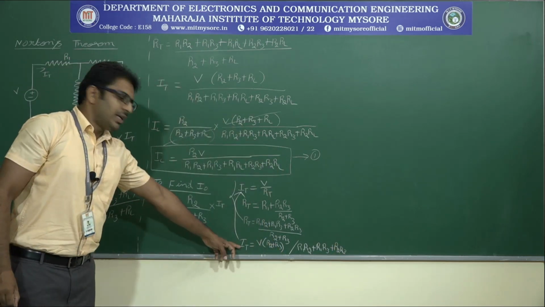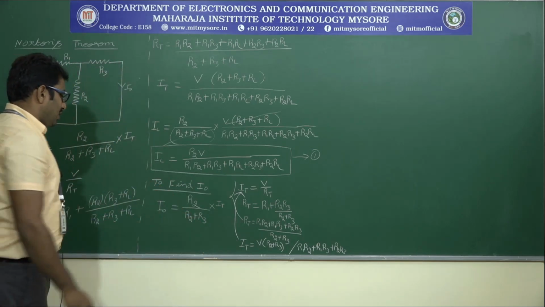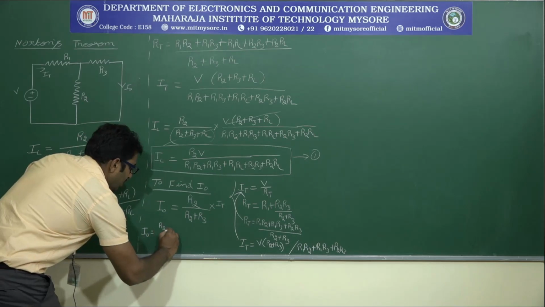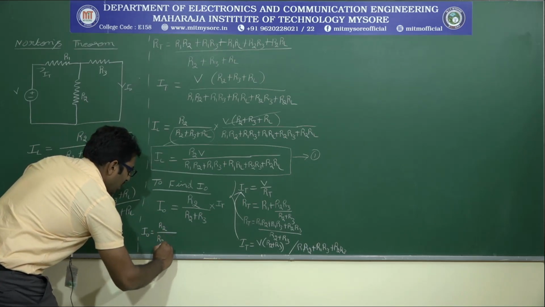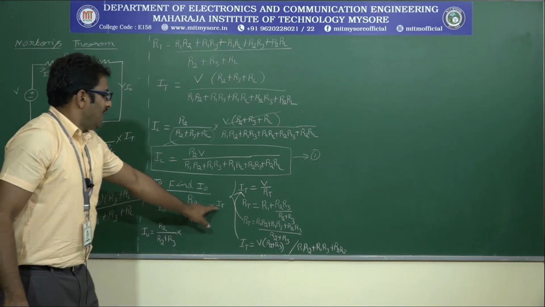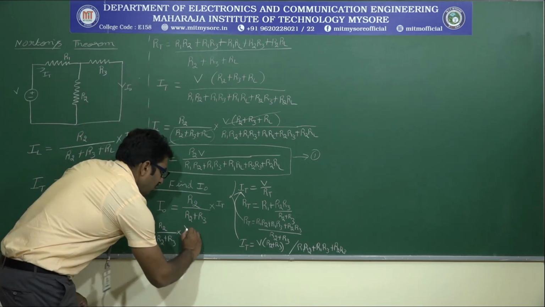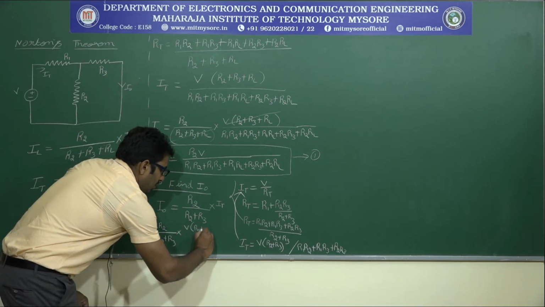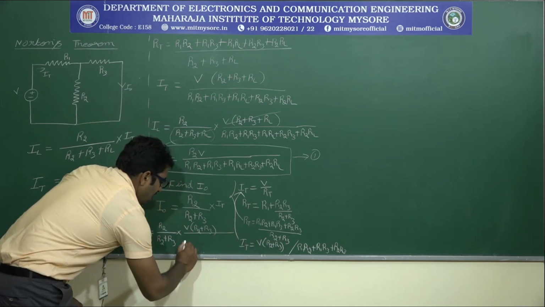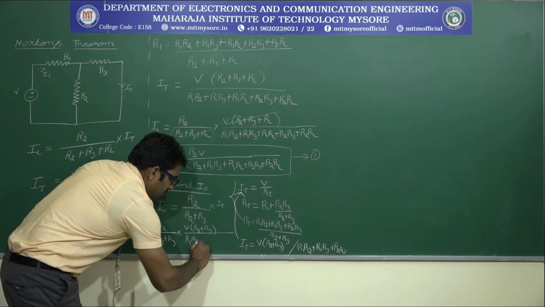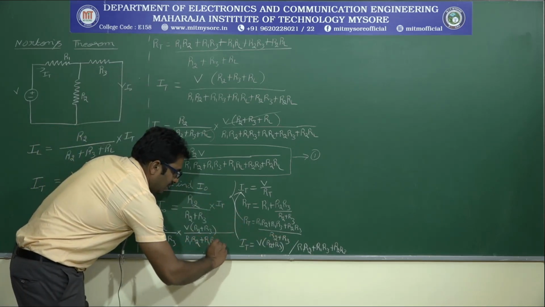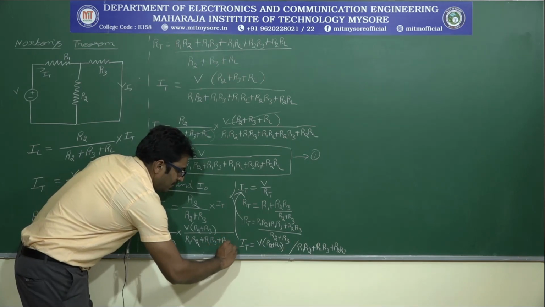So we know IT, then just calculate I naught. I naught is equal to R2 divided by R2 plus R3 into IT, where IT is V into R2 plus R3 whole divided by R1 R2 plus R1 R3 plus R2 R3.